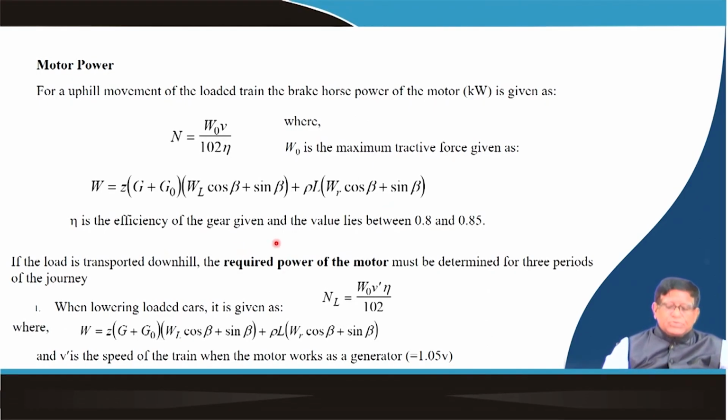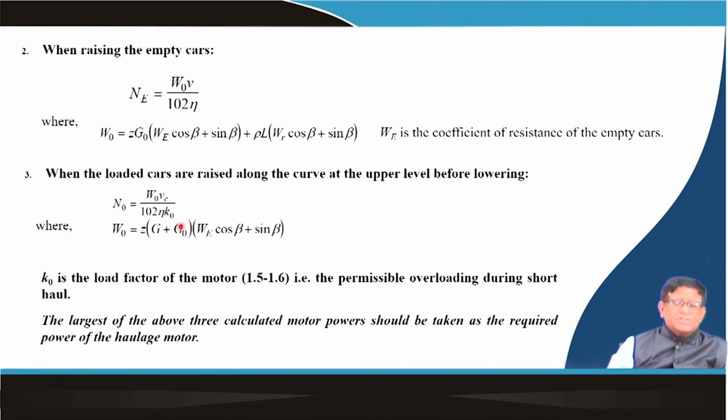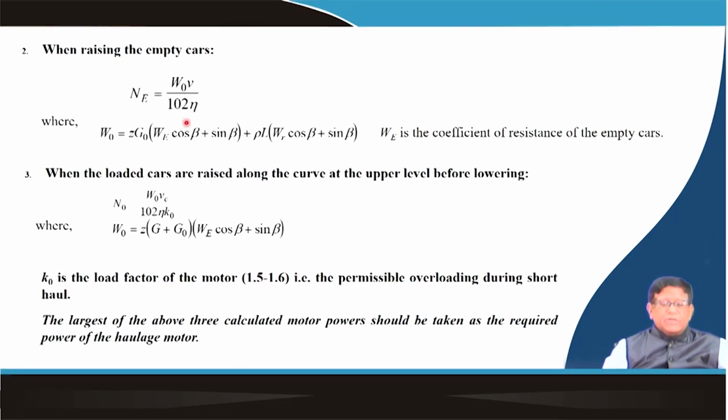So, in this way the required motor power must be determined for different periods of the journey. That means when lowering the loaded cars, when carrying up the upper cars, and when you are moving at a constant speed, that is, when raising the empty cars and when loaded cars are raising along the curve. So, under these three conditions you can calculate the total power required.